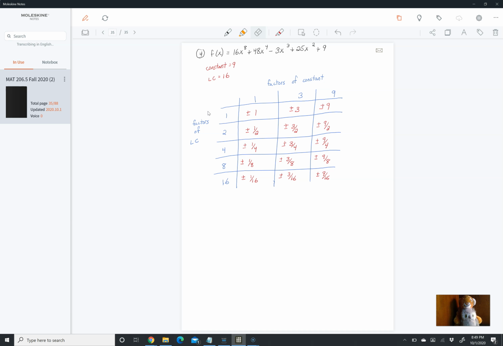So let's talk a little bit about what kinds of problems we're going to have when we do this, because to test all of these roots would be crazy, right? And how can we test to see if they're roots? Well, there are a few different ways that we could do it.